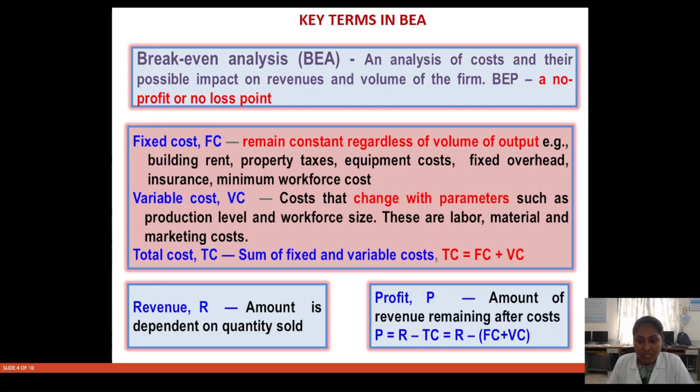In any business or firm, this is the actual formula: profit is equal to the total revenue generated minus your total cost. And this total cost, again, we have formulated as fixed cost plus variable cost. So profit can also be determined by subtracting fixed cost plus variable cost from the revenue.